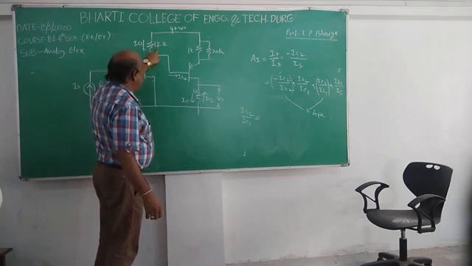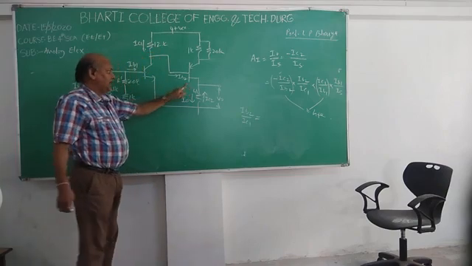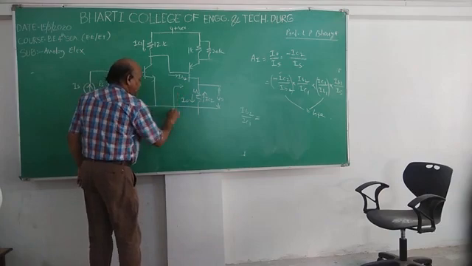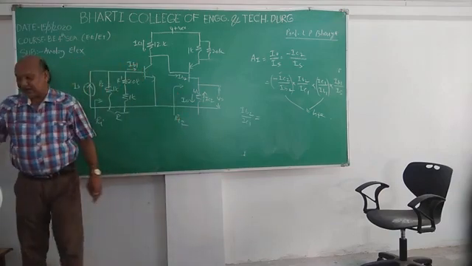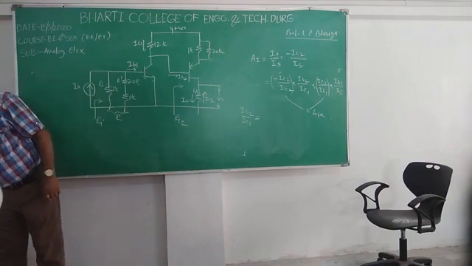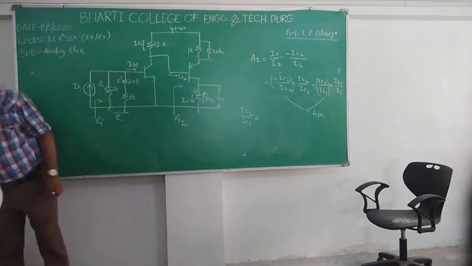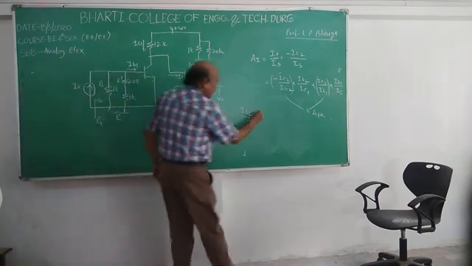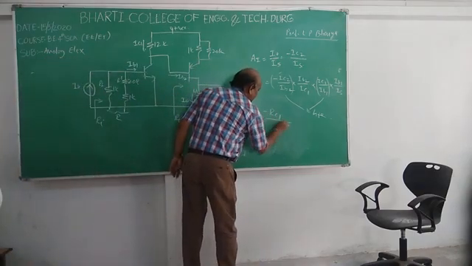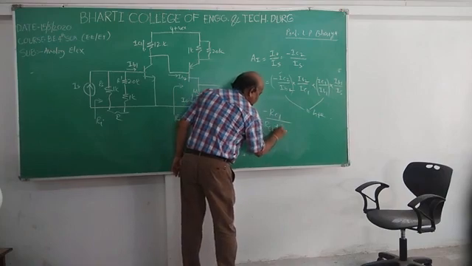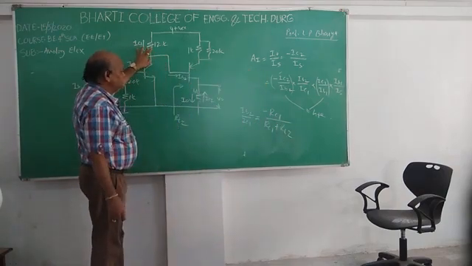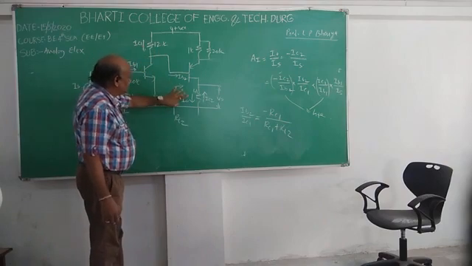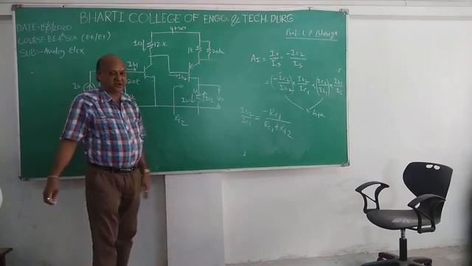This RC1 and this is RI2, RI2 of this transistor is this one. So you have to consider this RI2. So this value IB2 by IC1 is minus RC1 upon RC1 plus RI2, as per the voltage divider, RC1 upon RC1 plus this RI2 of this transistor.